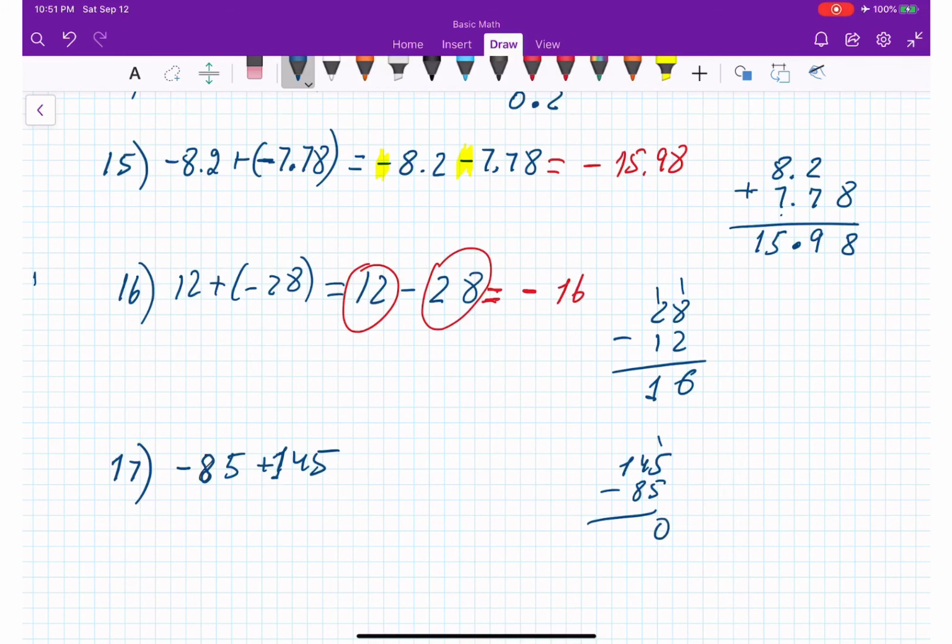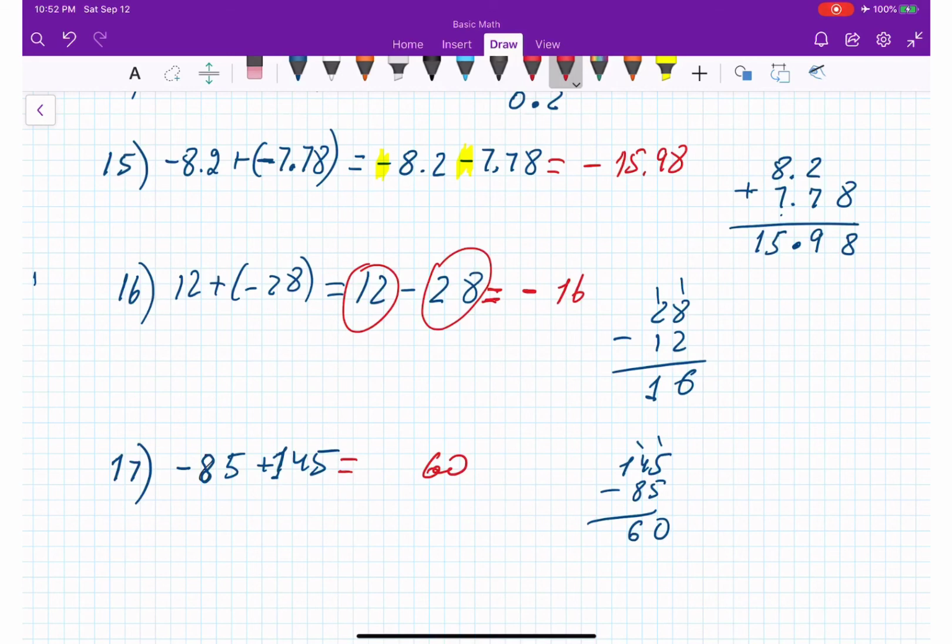I borrow from 1, it will be 14. 14 minus 8 is 6. And this one became 0 already, I borrowed. So the answer will be 60. And which sign is it going to be? 145 is greater and it's positive. Therefore, 60 is going to be positive.